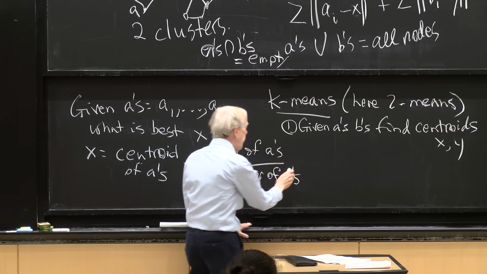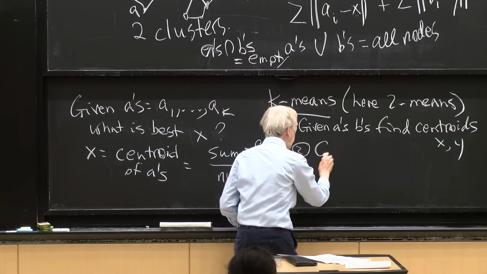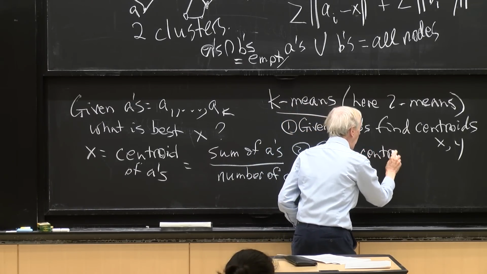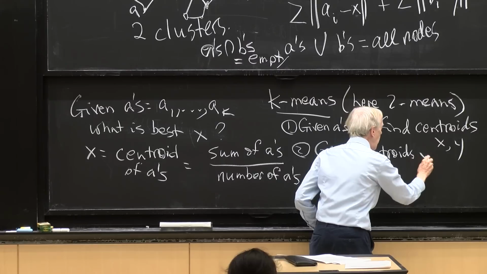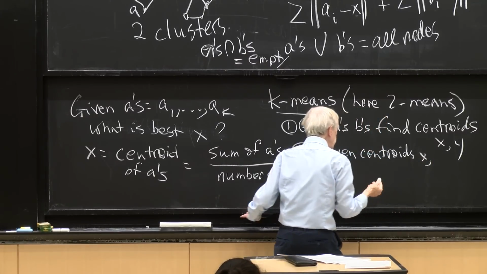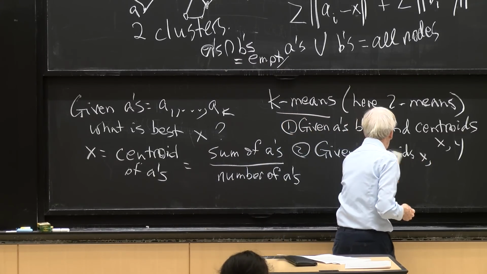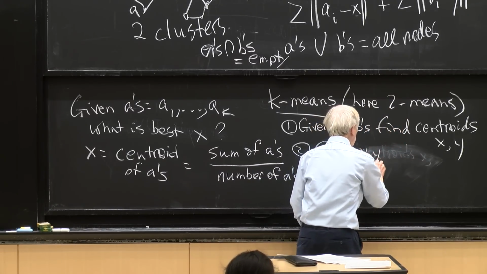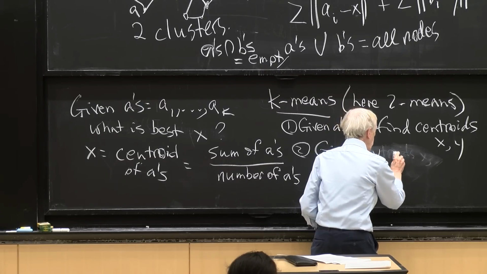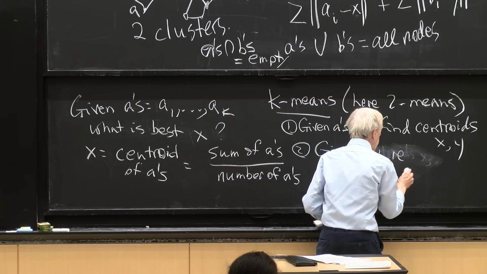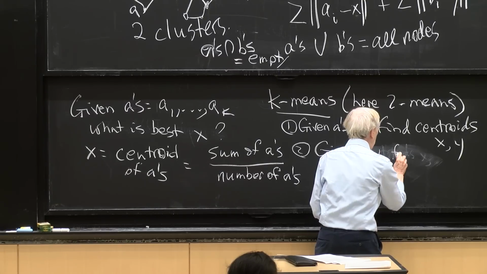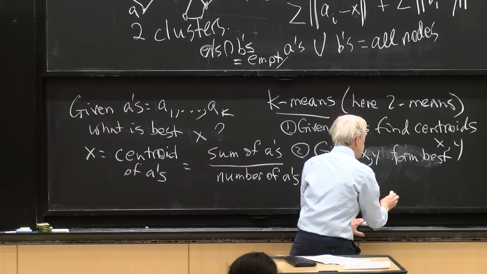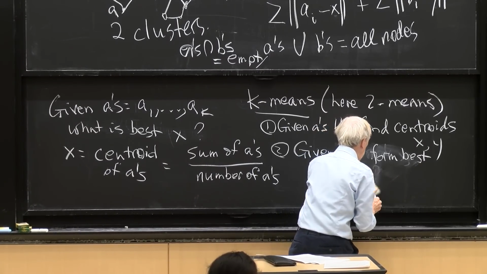Then the second step is, given the centroids X and Y, given those positions, they won't be centroids when you see what happens. Given X and Y, form the best partition, best clusters.